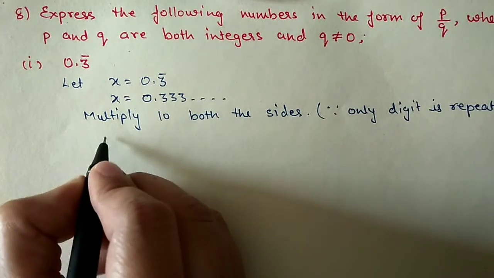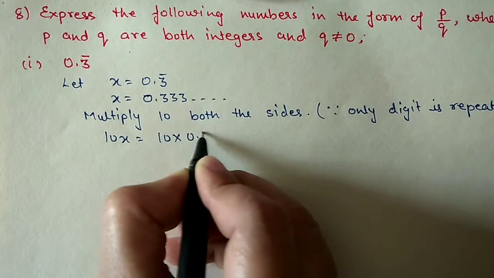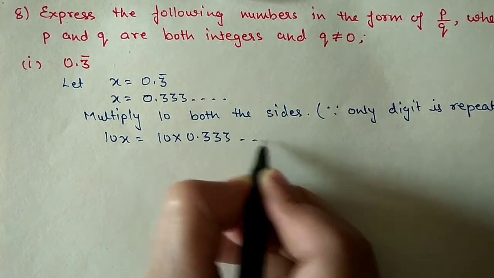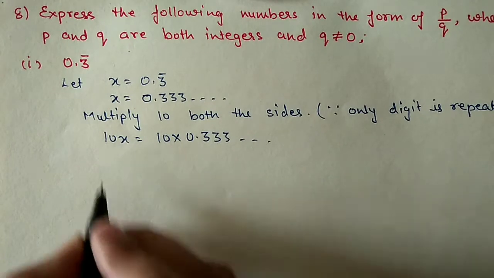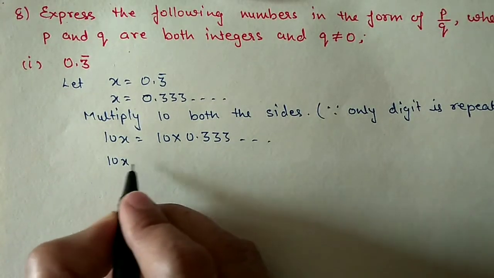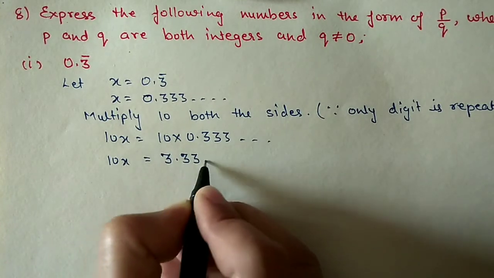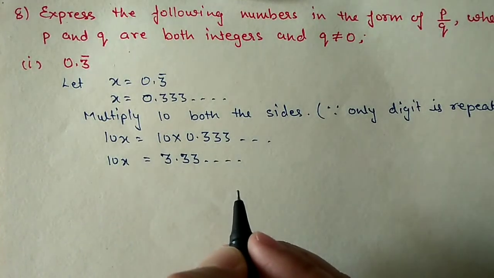So we will get here 10x is equal to 10 into 0.333 up to infinity. So we will get 10x is equal to 3.33, then up to infinity.